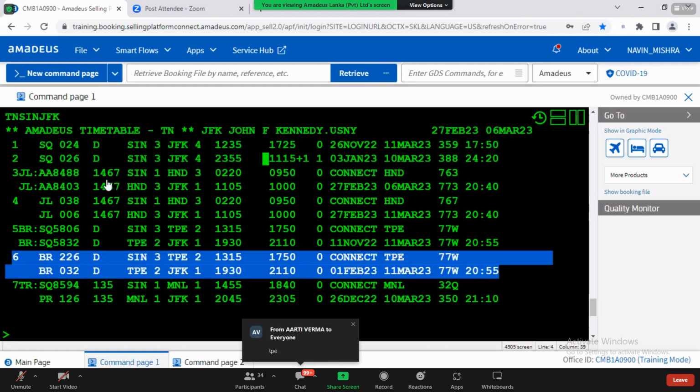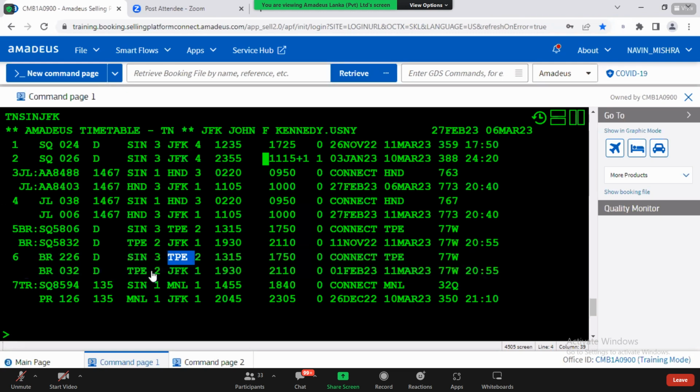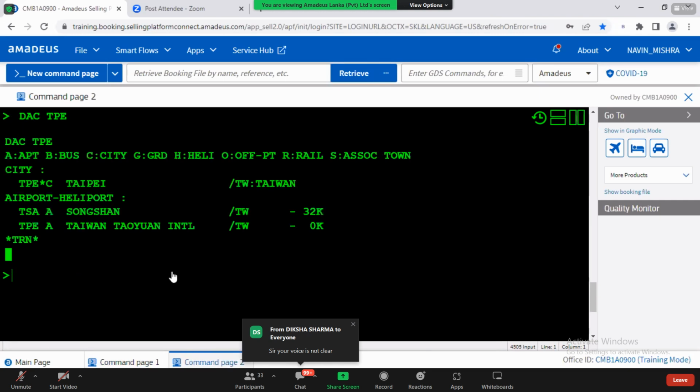Taipei is in Taiwan. The passenger starts in Singapore and reaches Taipei, which is in Taiwan, then changes the flight number, takes BR032 and reaches John F. Kennedy.